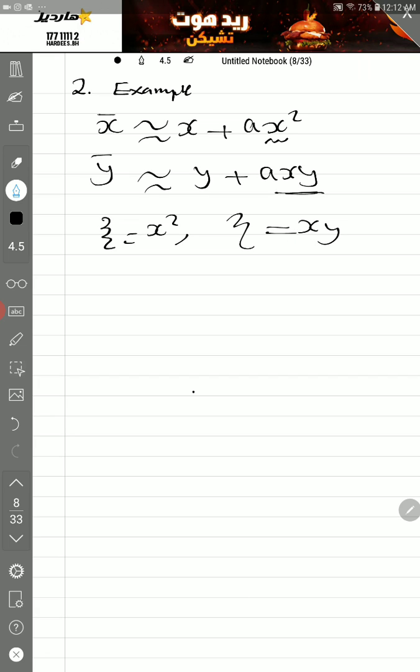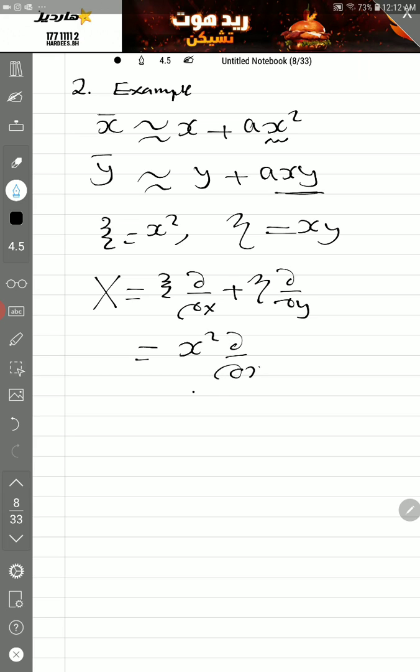So your transformation usually, which is given by zeta d by dx plus eta d by dy, is given by x square d by dx plus xy d by dy.